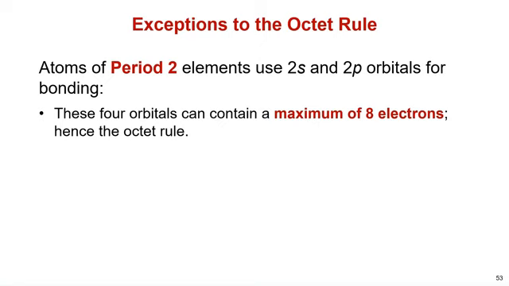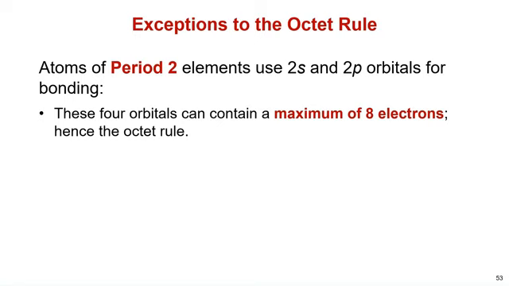Therefore, it could be more than 8 electrons. For the first period, the rule is changed to a duet; second period obeys the octet rule. Helium is the noble gas in the first period.